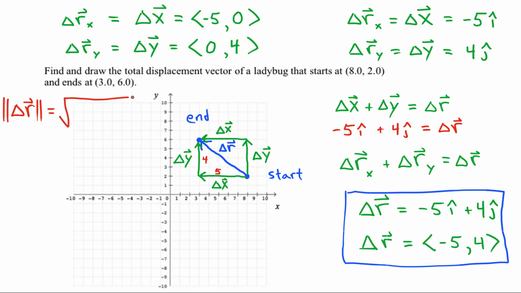The formula is going to be the square root of the sum of the squares of these lengths. So we're going to have negative 5 squared plus 4 squared.